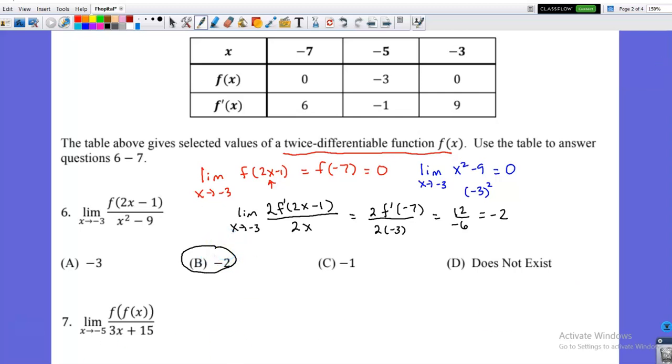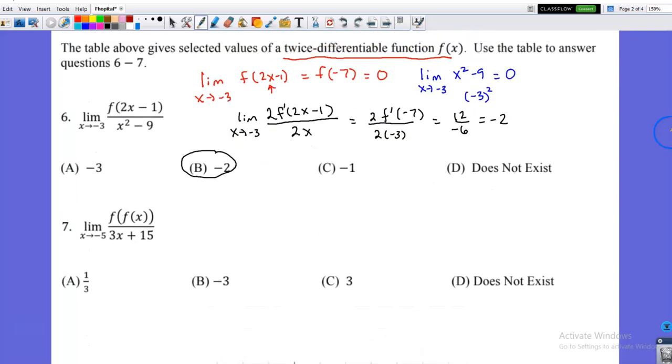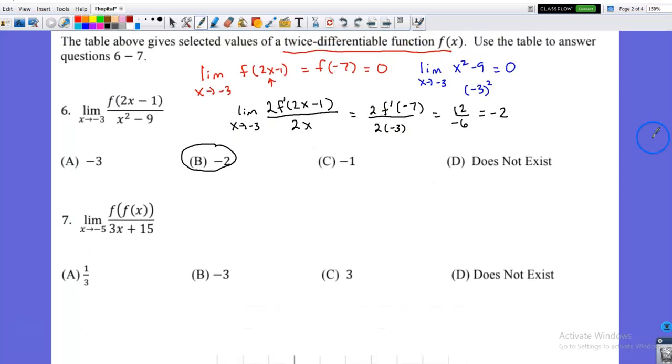Moving on to number 7, using the table of values. I'll set it up and then I'll go back up and get the numbers that I need. So we're finding the limit as x goes to -5 of f of f of x, which would be f of -5.